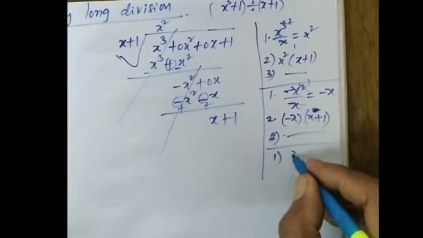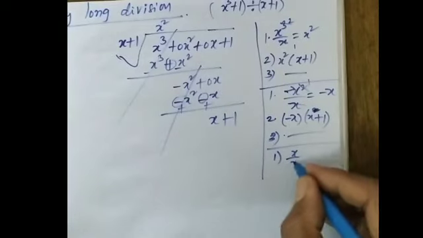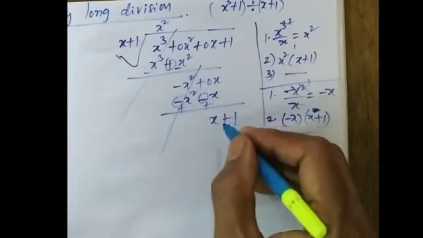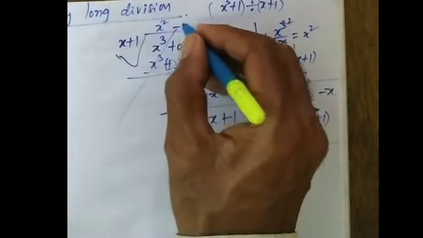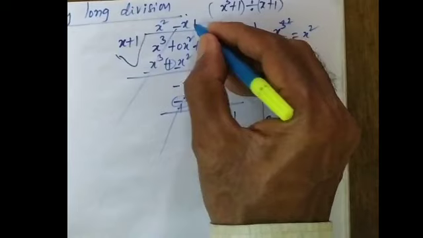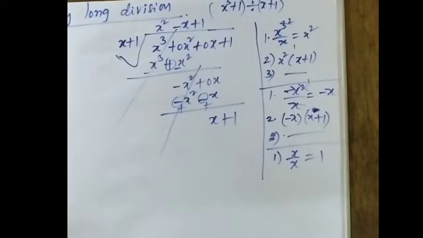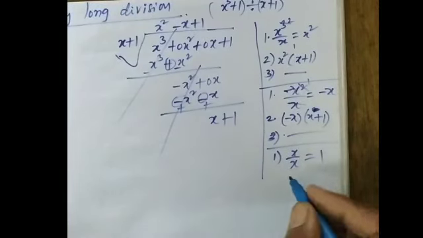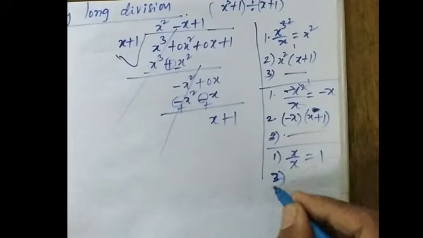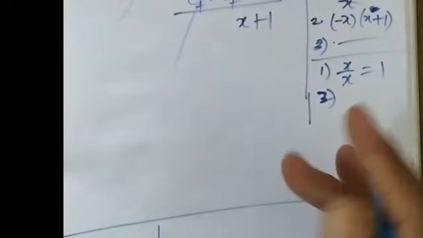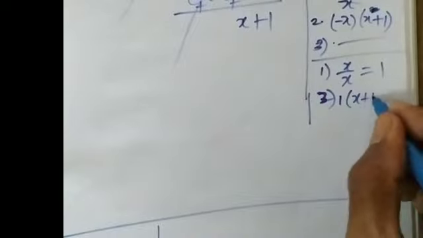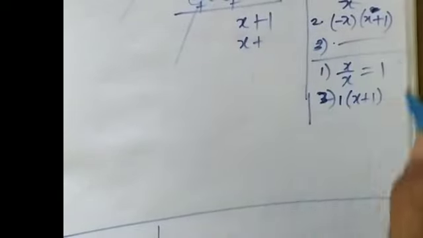Now again division, so x by x, that is 1. So in the quotient part write 1. Already we have put x square minus x plus 1. So next, after division, multiplication: multiply 1 into x plus 1, 1 into x, 1 into 1.